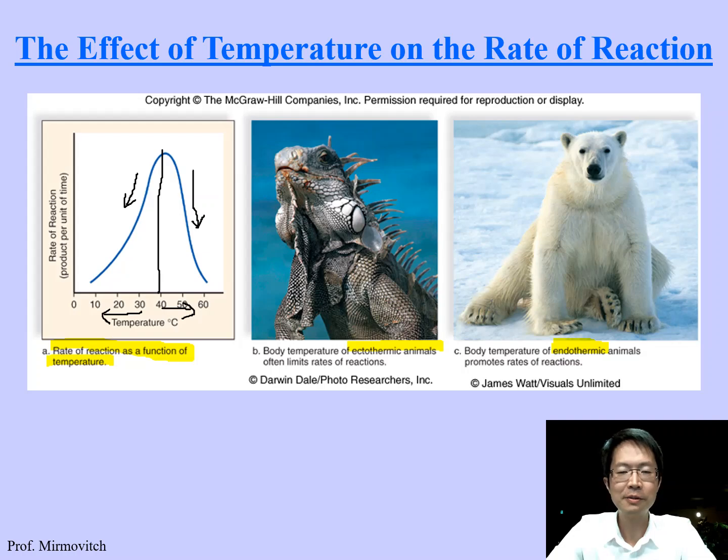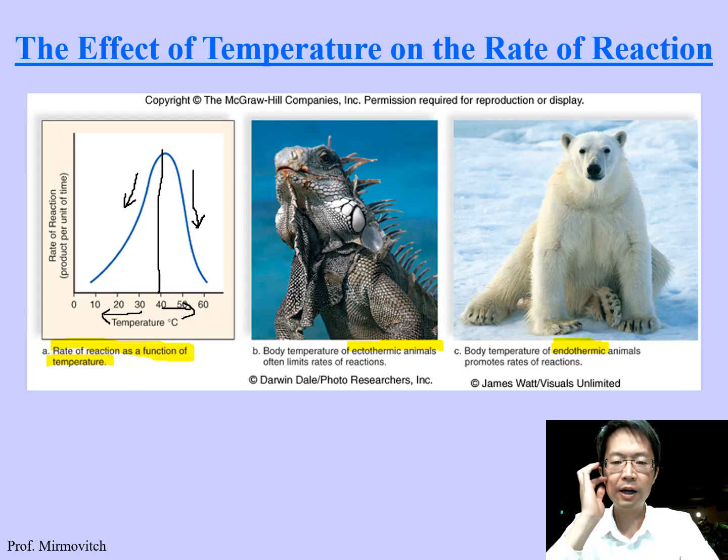Okay, time's up. The drawback of being an isothermic, or endothermic, animal is that we have to eat all the time. Yes, we have to eat all the time, so that when we break down the food we eat, it can generate heat. It will give us heat energy to keep our body warm.